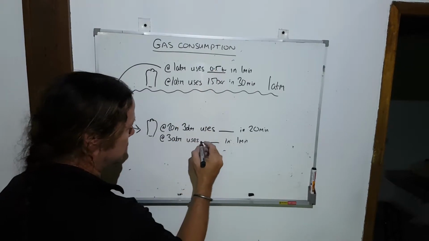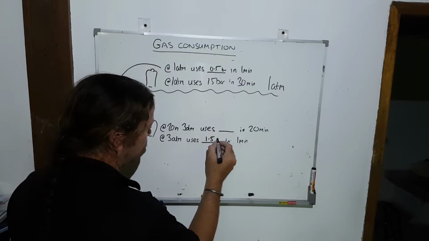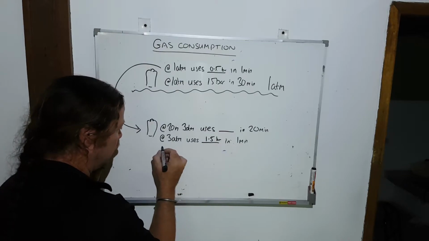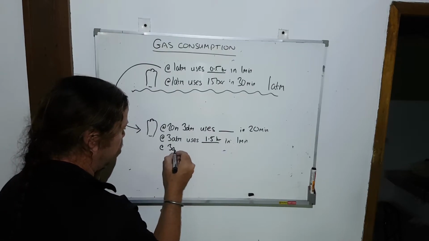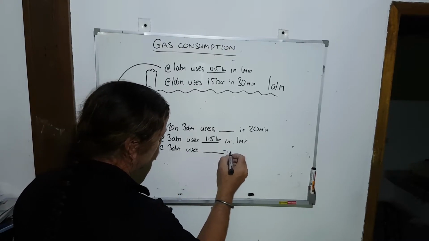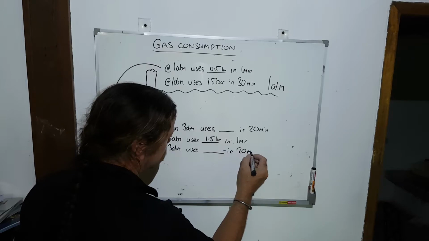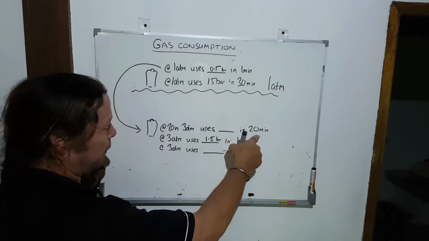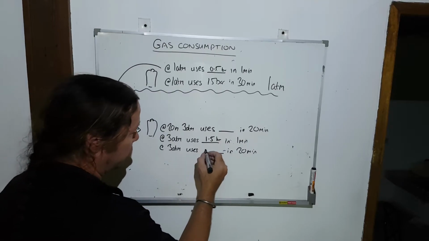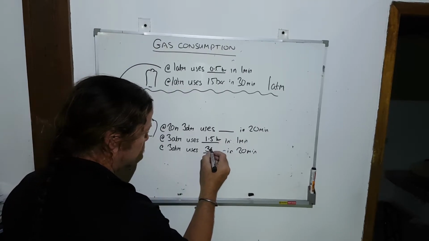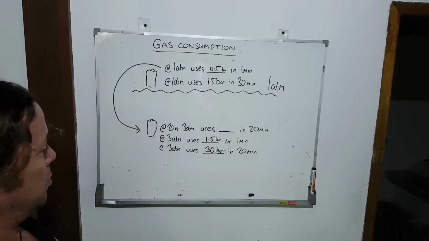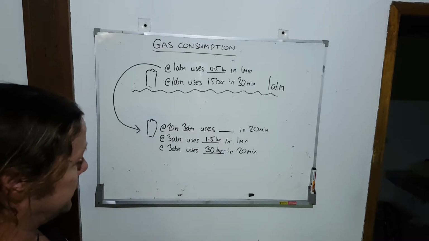So 3 times that, 1.5 bar. And now, at 3 atmospheres, he uses in 20 minutes, and quite simply, I factor in the time now. 20 times as much, 20 times 1.5 is 30 bar. Pretty cool? That's the answer to that one.